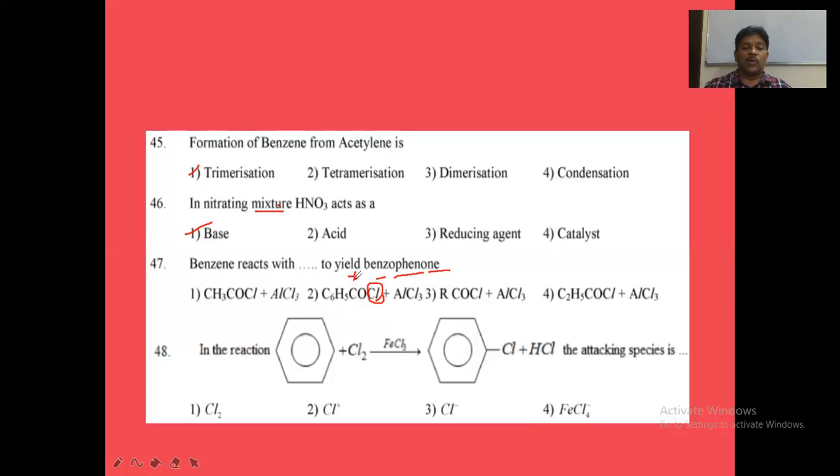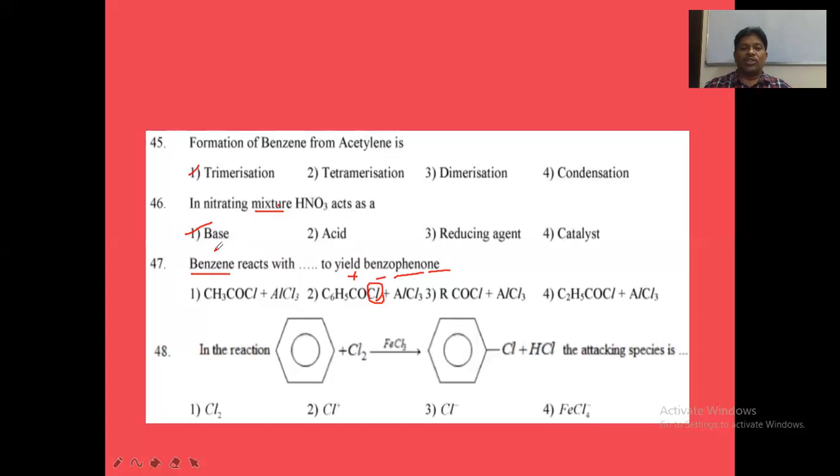This electrophile is produced with the help of AlCl3, which takes the Cl minus. Now benzene you take as C6H5 bond H. Now H and Cl minus form HCl.